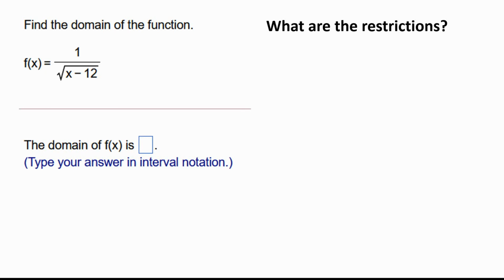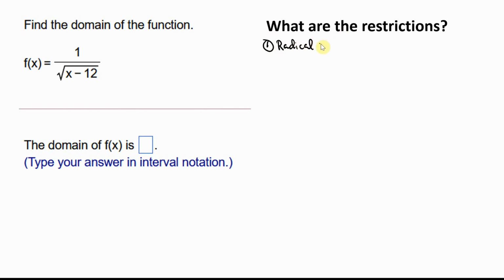That's not a restriction. I mean, 12 can be negative. It's fine. It's just that the difference has to be positive, right? x minus 12 has to stay positive. That's fine. What's the other restriction? It's a fraction. That means that my denominator cannot be 0. Got to get that.